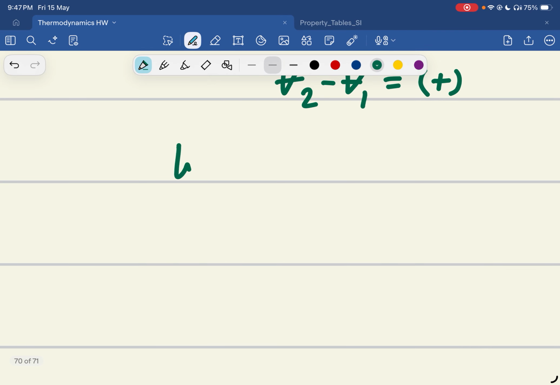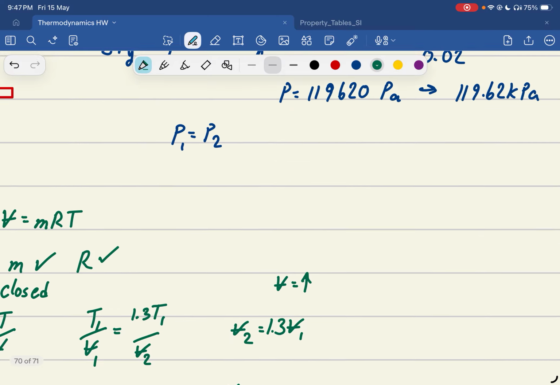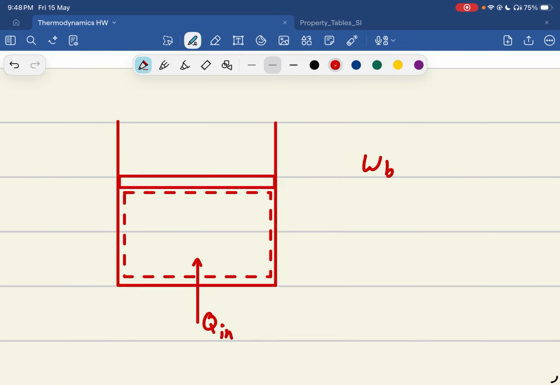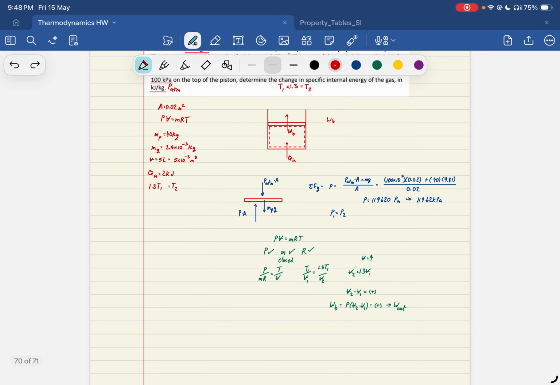So our boundary work would be P dV, or P times V2 minus V1, because the pressure is constant. It would be a positive value. So it would be work out. So from that, we go back into our schematic and add our boundary work. Or we could just say work out instead of boundary work, but it's the same.